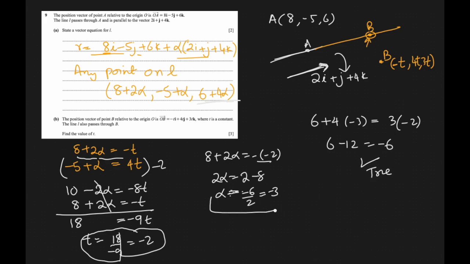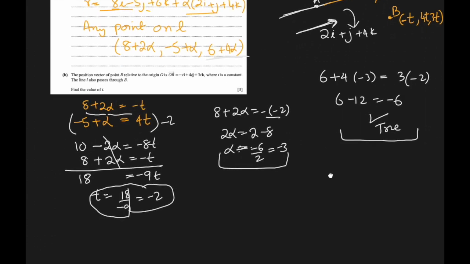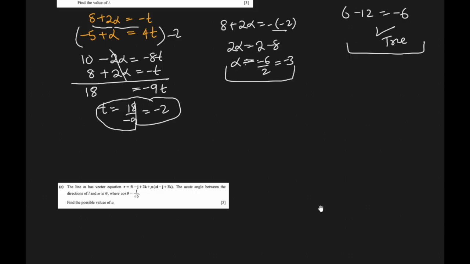If you have time in the exam, always confirm that what you got satisfies the third part also, because two simultaneous equations will always give you some values, and it's not necessary that those values are correct. B is done.